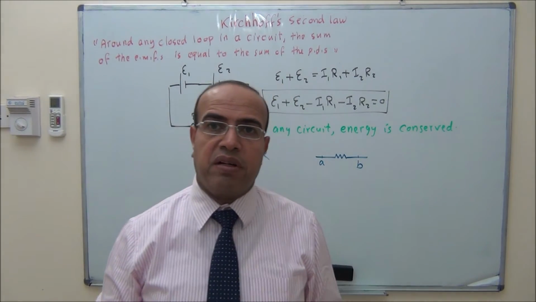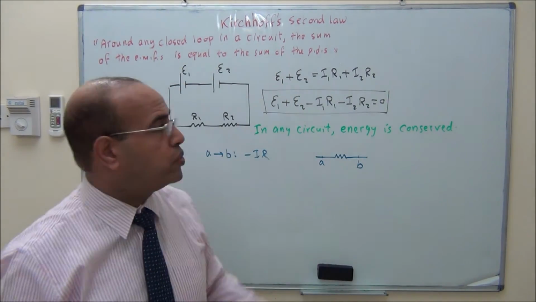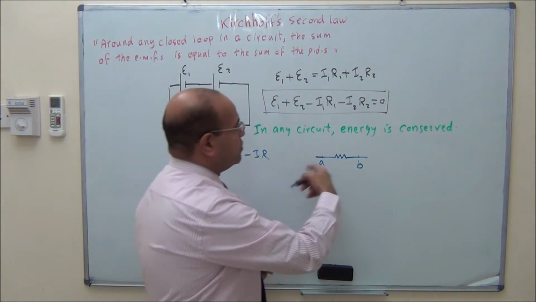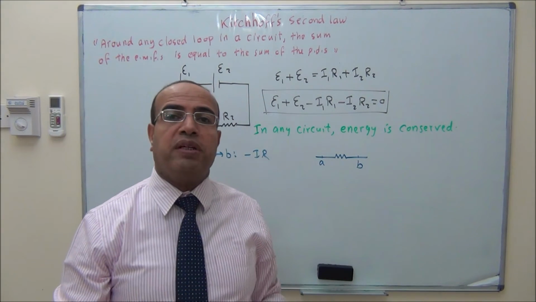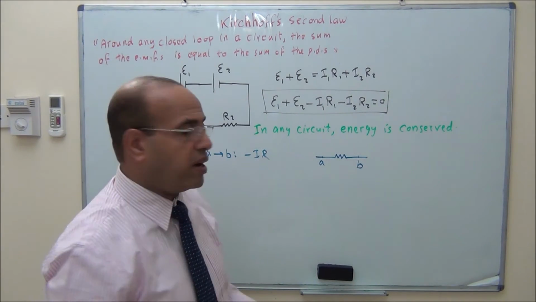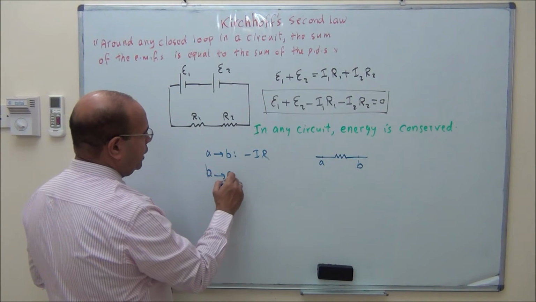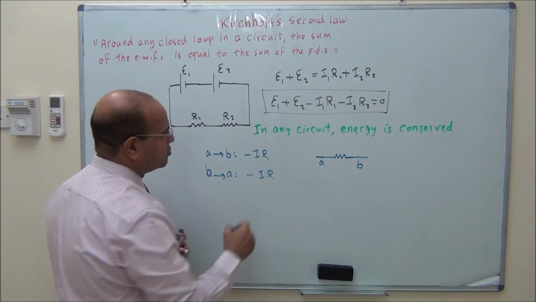What will happen if the current passes from B to A? It's also negative. So in the case of a resistor, whether the current passes from A to B or from B to A, we assume that it's negative IR.